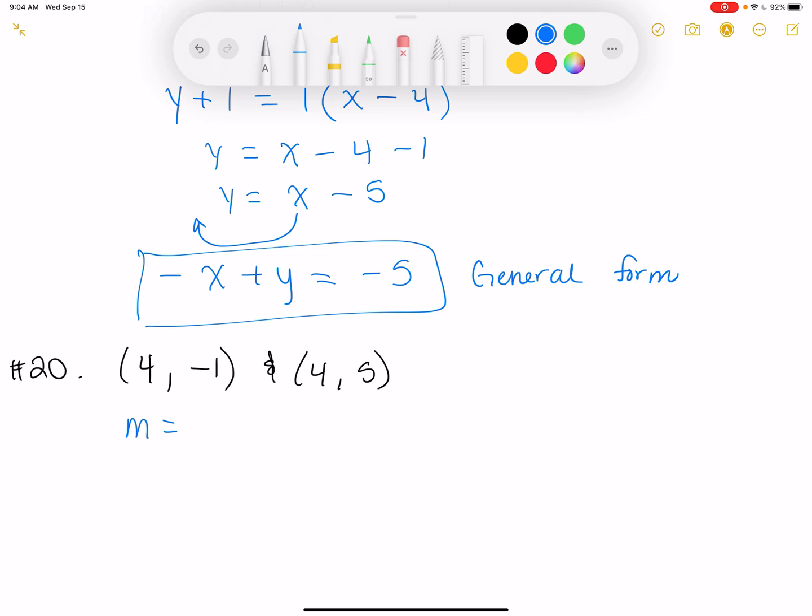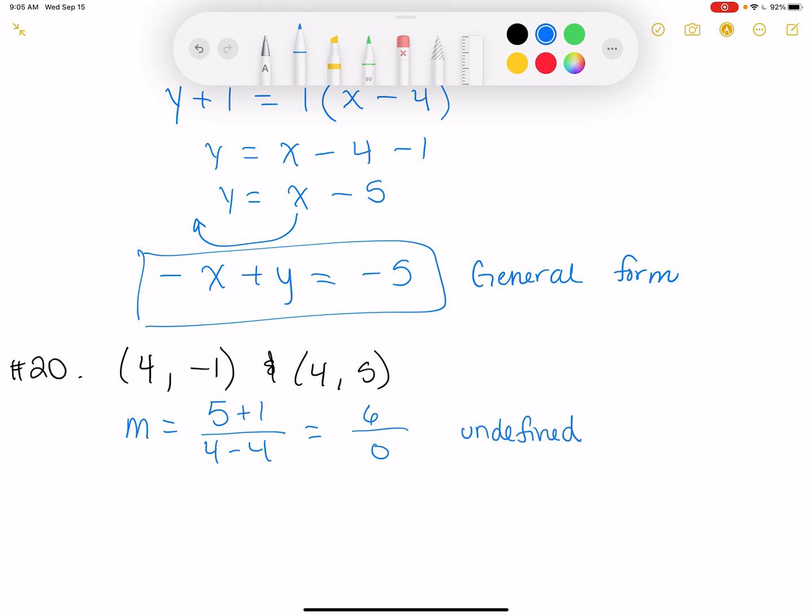It's my 11th year at least doing slope, if not 12th or 13th. This is undefined. 6 over 0 is the slope. So 5 minus negative, plus 1, over 4 minus 4. So yes, it is 0 on the bottom, which means it's undefined.